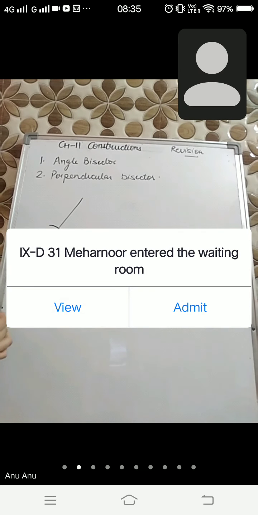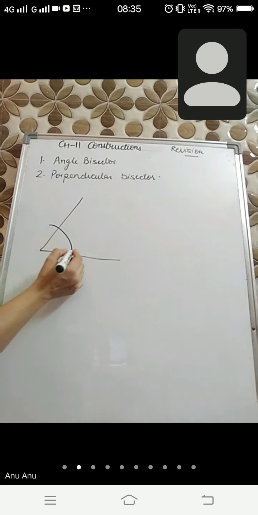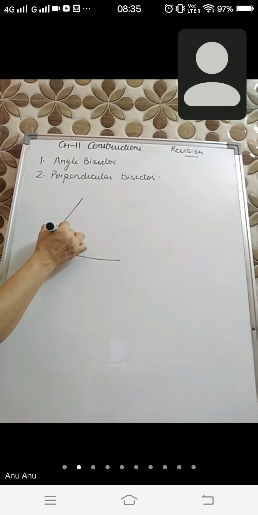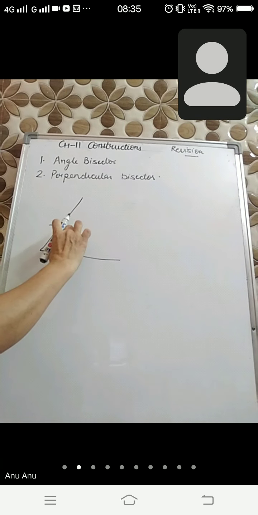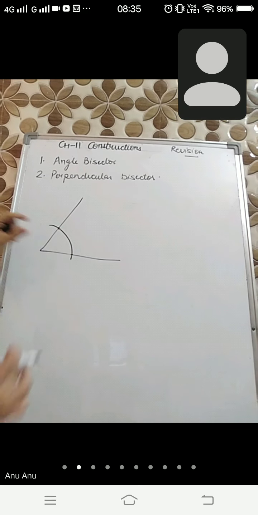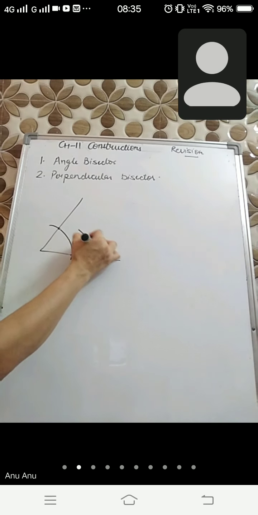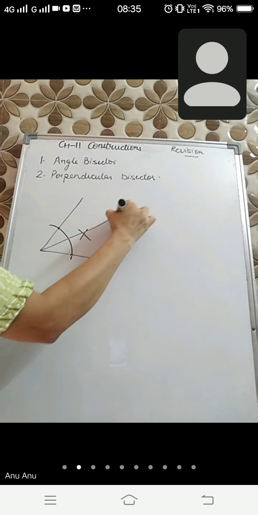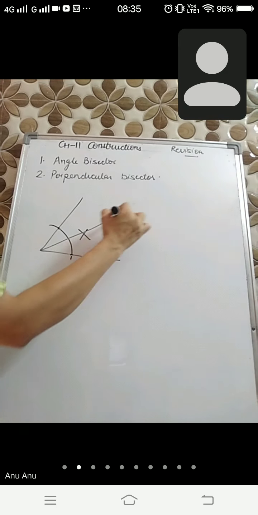You will check the exact definition of this word from any book, but I am going to tell you the meaning. Suppose I have drawn an angle of 60 degrees. If you make half of this angle by taking a radius equal to half of this arc or more, and you divide it into two parts, that line is called the angle bisector.